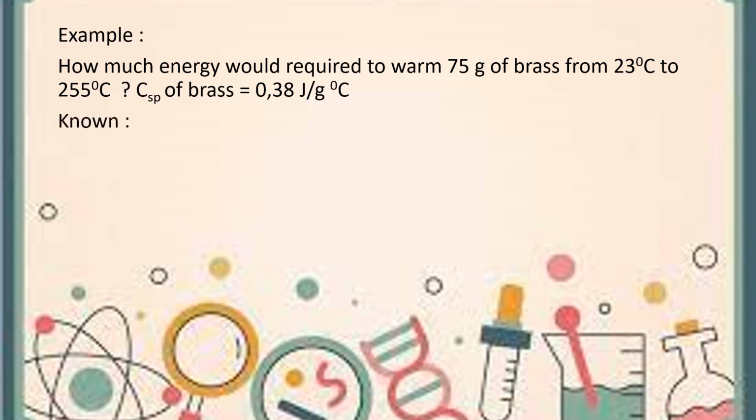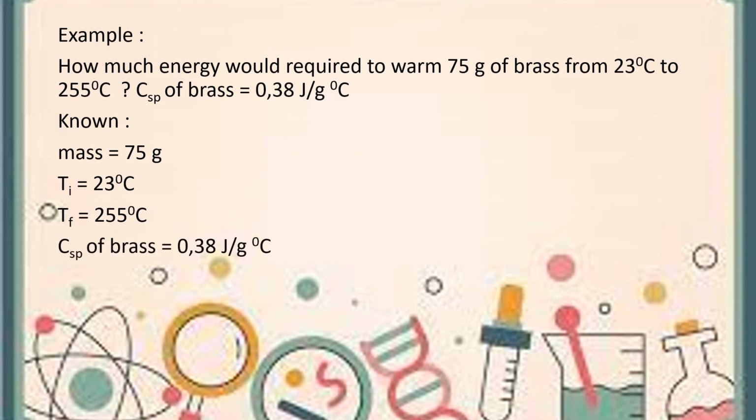So from the equations, we first write down the knowns. The mass is 75 gram, the initial temperature is 20 degrees Celsius, the final temperature is 255 degrees Celsius, and the specific heat of brass is 0.38 joule per gram per degree Celsius.